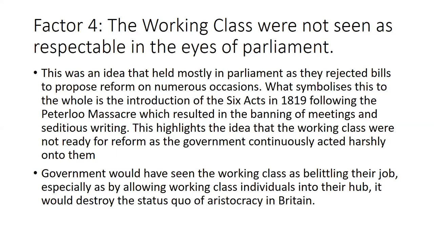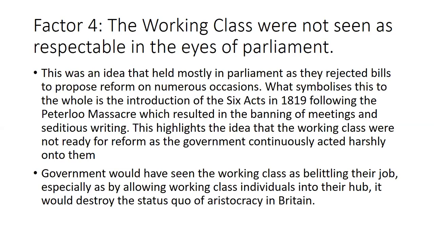This banned meetings and seditious writing, and this highlights the idea that the working class were not ready for reform as the government acted harshly on them. The government would have also seen the working class as belittling their job, especially by allowing working class individuals into their hub. It would destroy the status quo of the aristocracy, and the government believed that status quo was theirs, that they deserved.